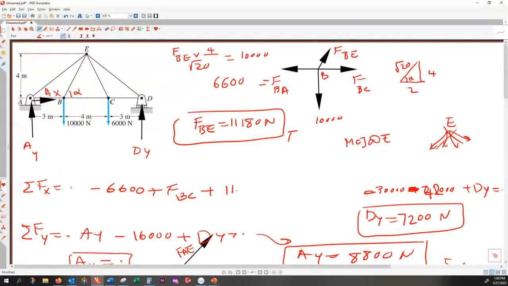FBE, which is 11,180, and times cos alpha, which is 2 over root 20, is equal to 0.